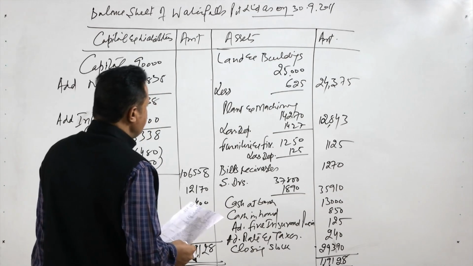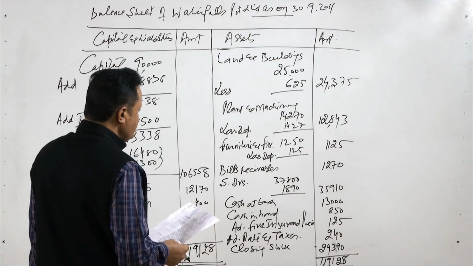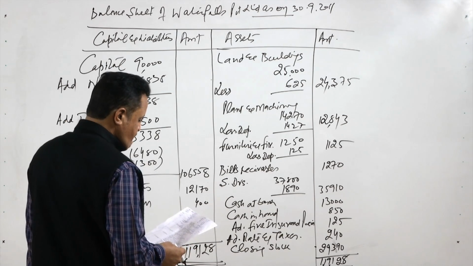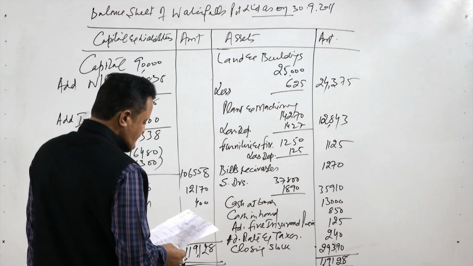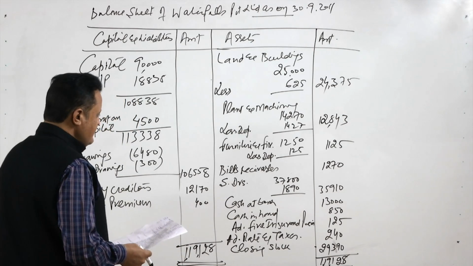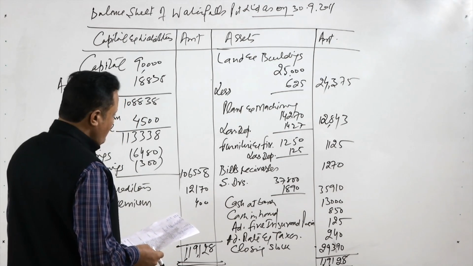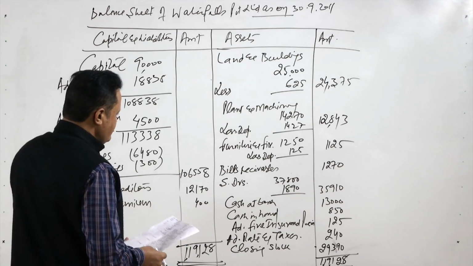If you check the items: 24,375, 12,843, 1125, 1270, 35,910, 13,850 and 29,390. Then we have 13,850, 29,390, and then we have 125 and then 240, and finally this closing stock.